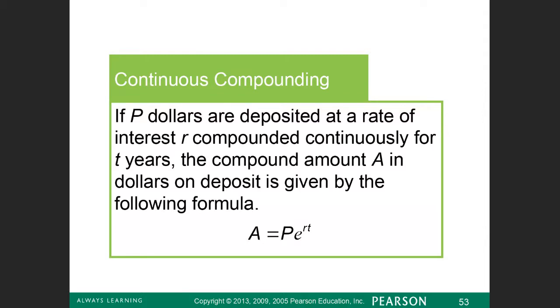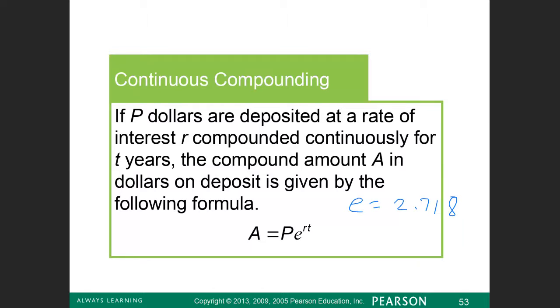So we replace the group 1 plus R over N with E here. And our E here is an irrational number, a constant that you can find on the calculator. The value would be 2.718, the rounded, estimated value, like your pi.